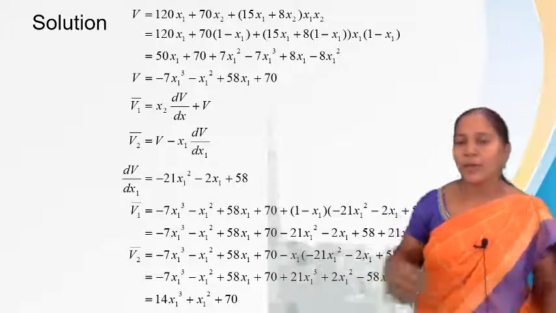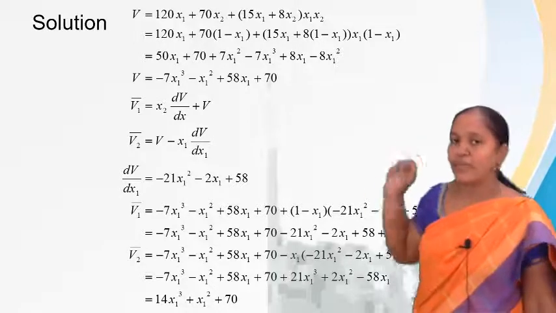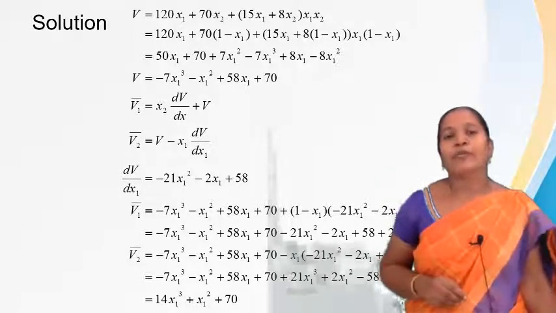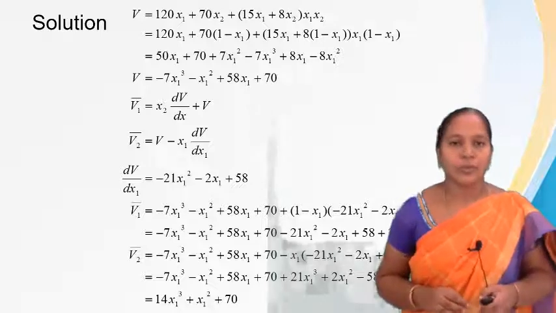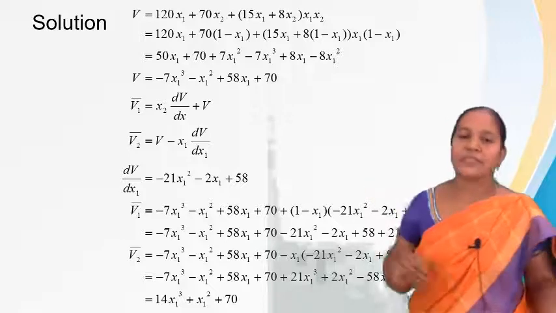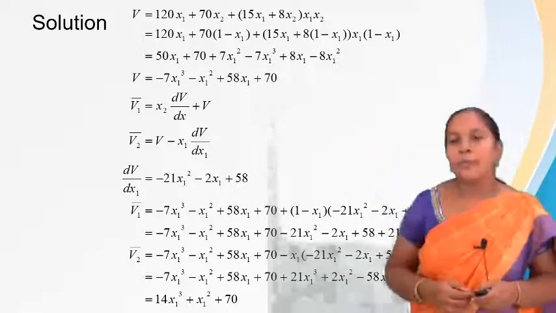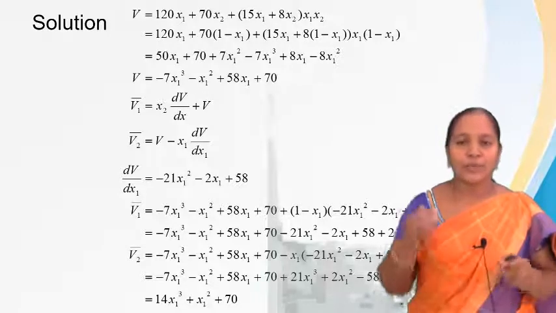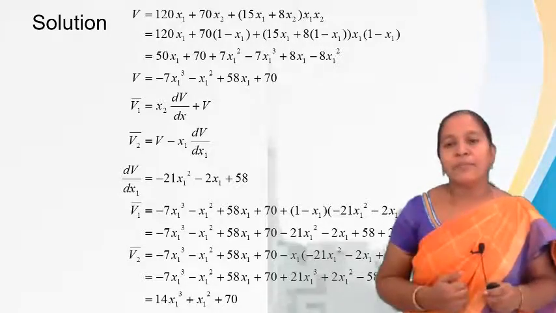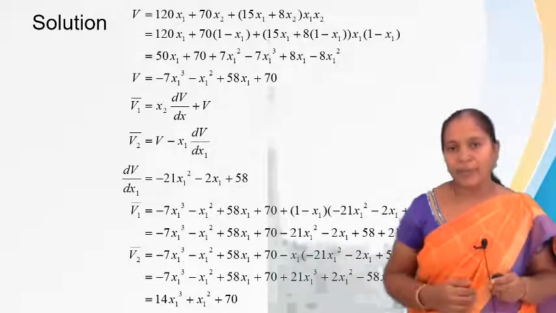That is equal to minus 21x1 square minus 2x1 plus 58. Therefore, V1 bar is equal to minus 7x1 cube minus x1 square plus 58x1 plus 70 plus (1 minus x1) into (minus 21x1 square minus 2x1 plus 58). After simplification, we will get the value of V1 bar.